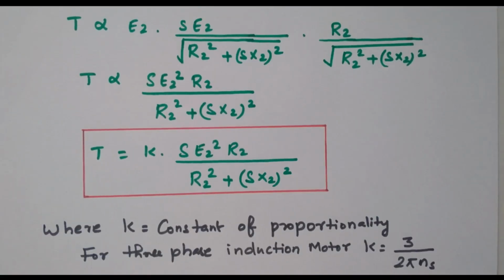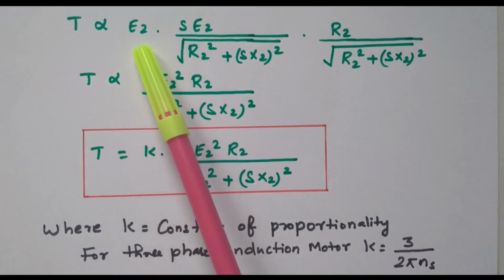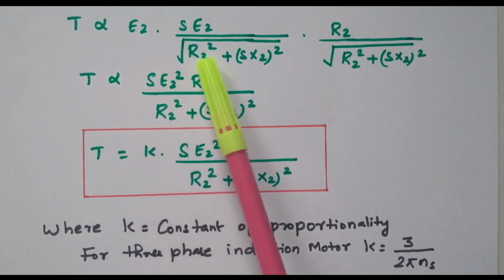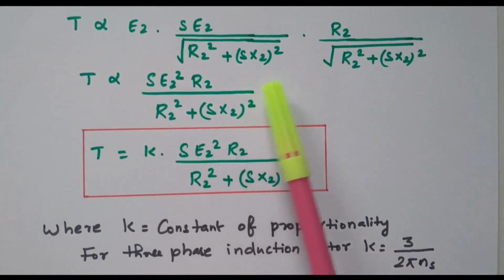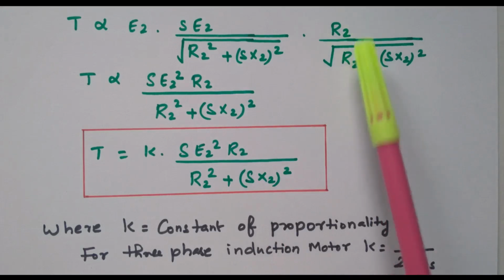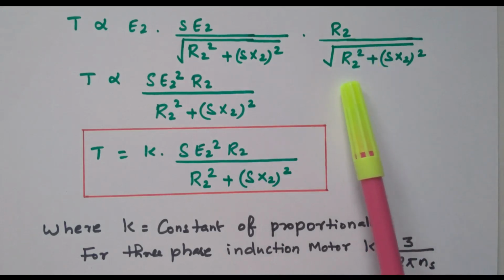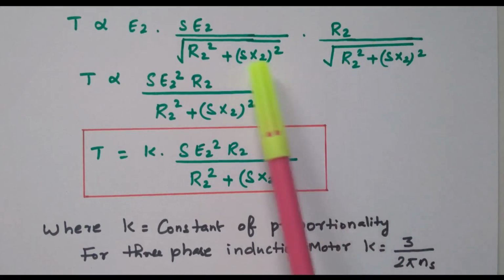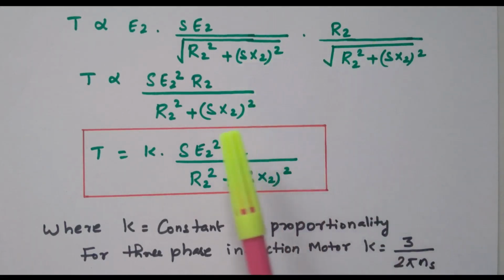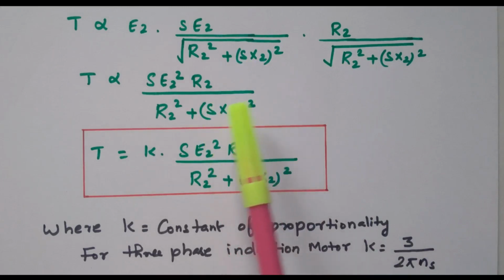While substituting, T is directly proportional to E2 into φ. φ is nothing but E2. This is the rotor current: S into E2 divided by the square root of R2 square plus (S into X2) square, into the power factor R2 divided by the square root of R2 square plus (S into X2) square. The square root term is available 2 times, so it becomes the normal term.